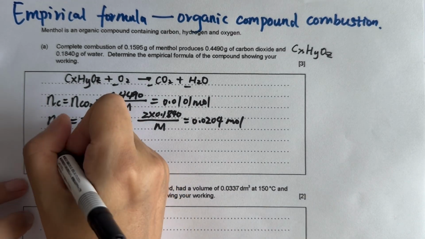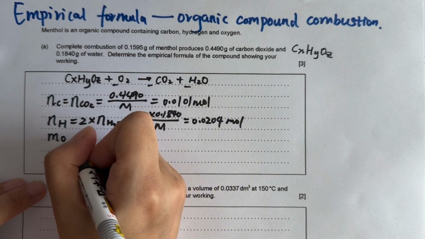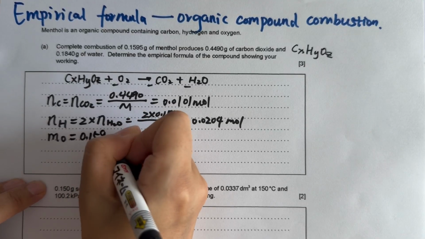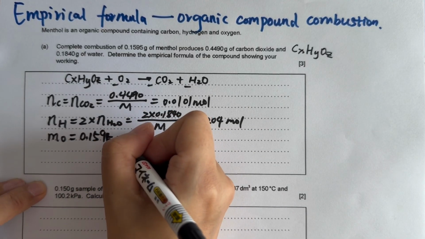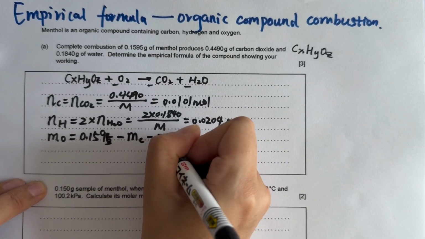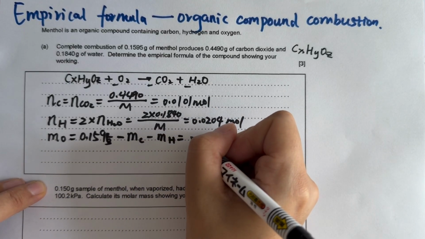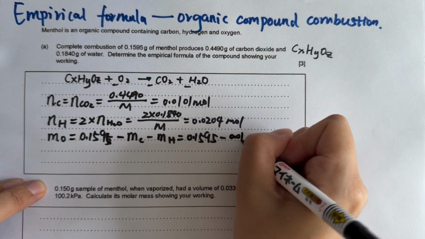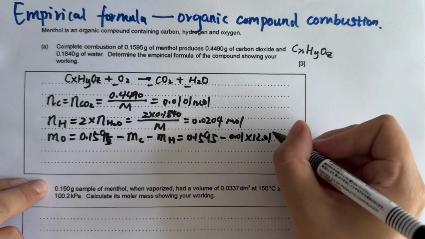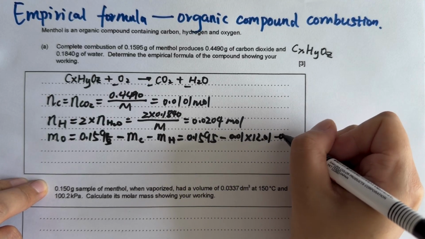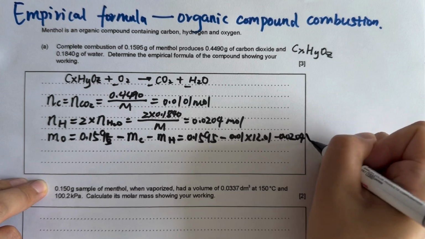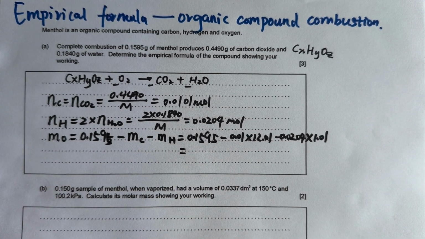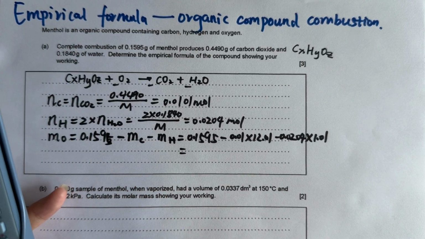So here we can only work out the mass of oxygen first, and the mass of oxygen will be equal to the total mass of the menthol minus the mass of carbon minus the mass of hydrogen, and that will be 0.1595 minus the mass of carbon minus the mass of hydrogen. Okay, so this is how we solve it. Work out the mass of oxygen first.